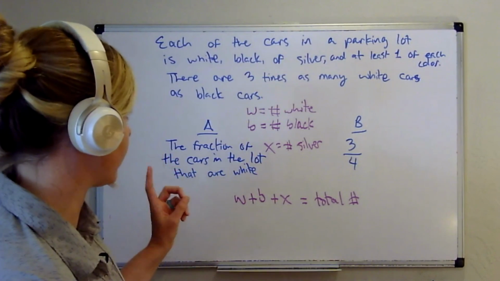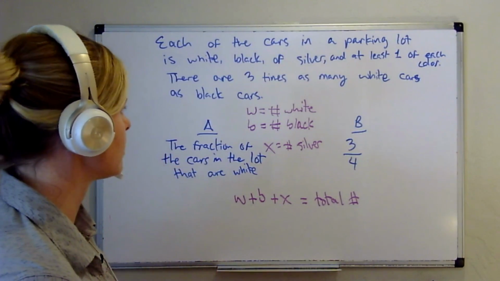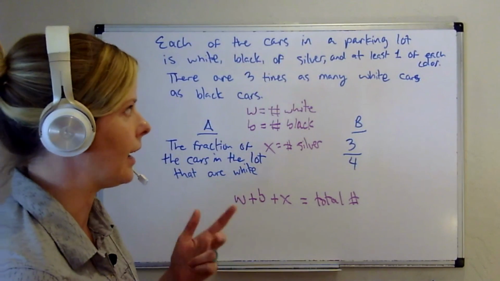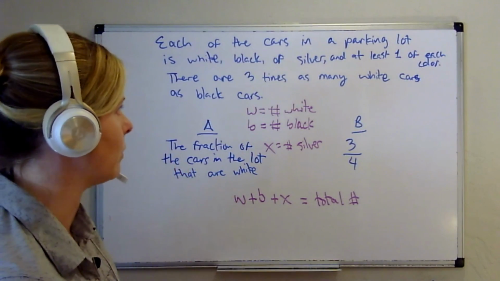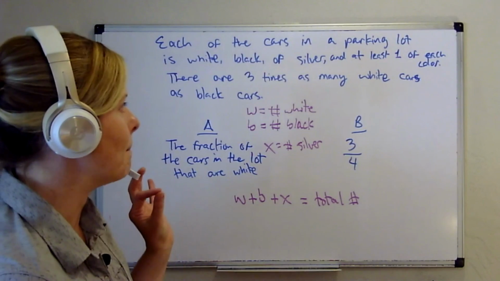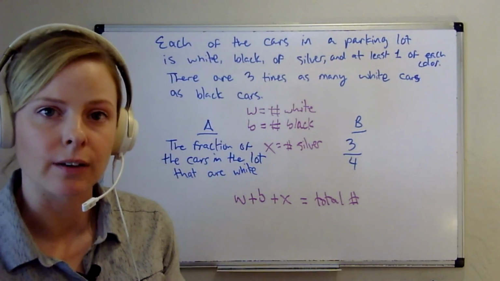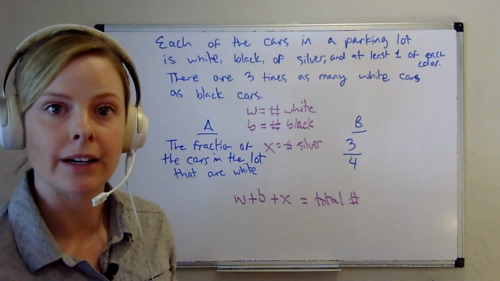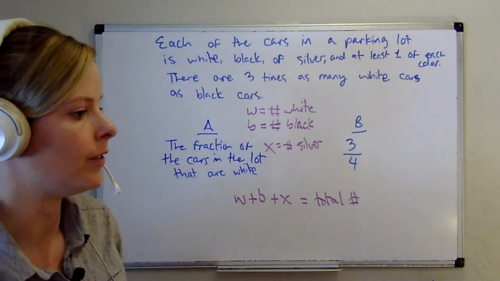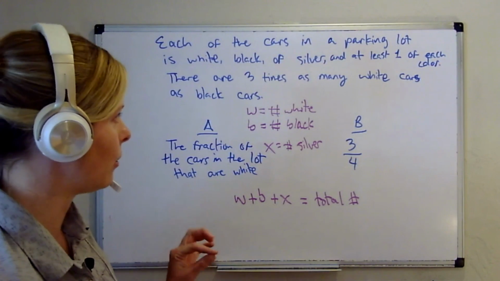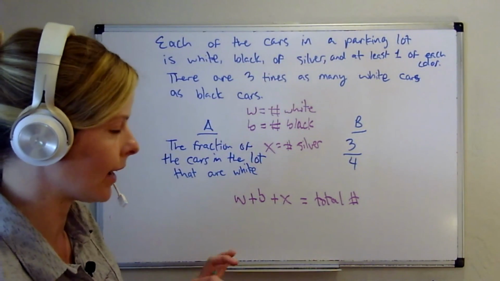We are then told that there are 3 times as many white cars as black cars, which gives us a nice equation that we can write with these white and black cars. This is a nice spot to slow down and be careful. Where do I put that 3 in my equation? Just like the previous question, where I know that one of these is bigger than the other, I think that can really help.